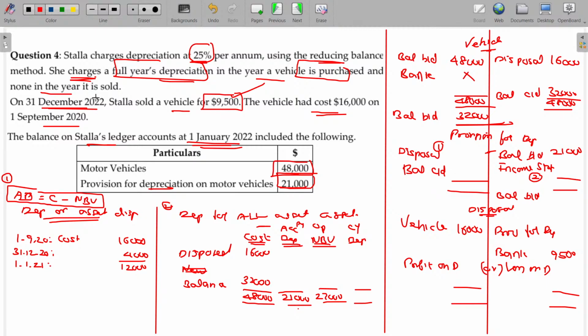Sold on which date? 31st December. This is the sale year. Up to 31st December 21, you can claim the depreciation. This is the net book value. This is depreciation for the first year. Here again 25% on this being 3,000. Balance 7,000 will be the net book value in the year beginning.